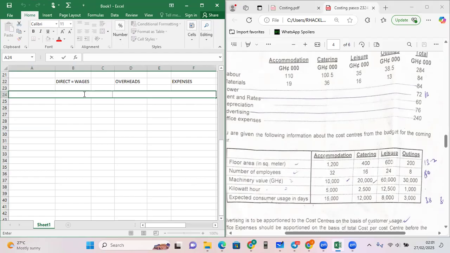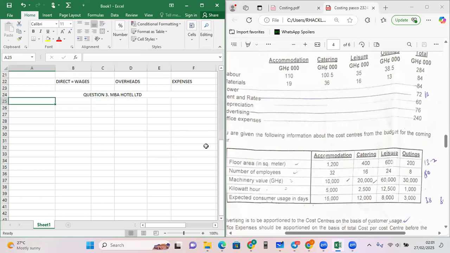That's going to be MBU Hotel. Right, so let's draw the overhead analysis.